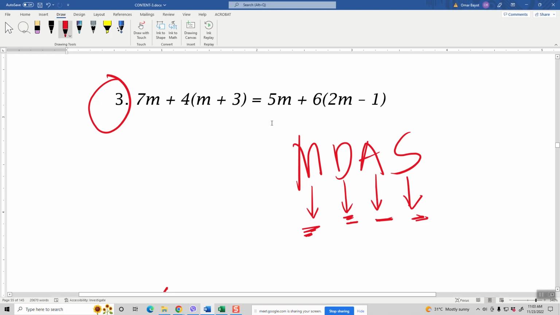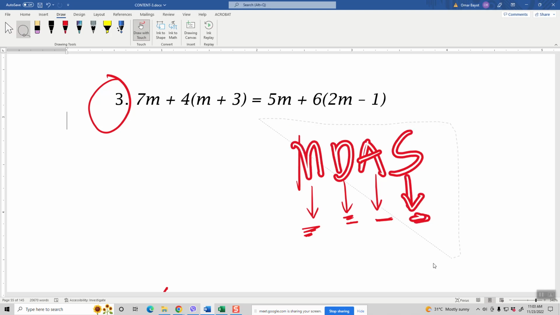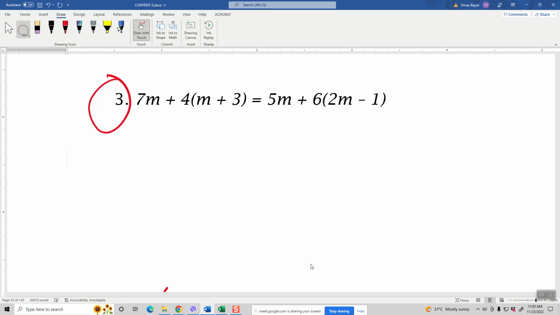So, like in this problem, class, you notice that we have addition here between these two terms. Take note, class, the terms are only separated by plus and minus signs.